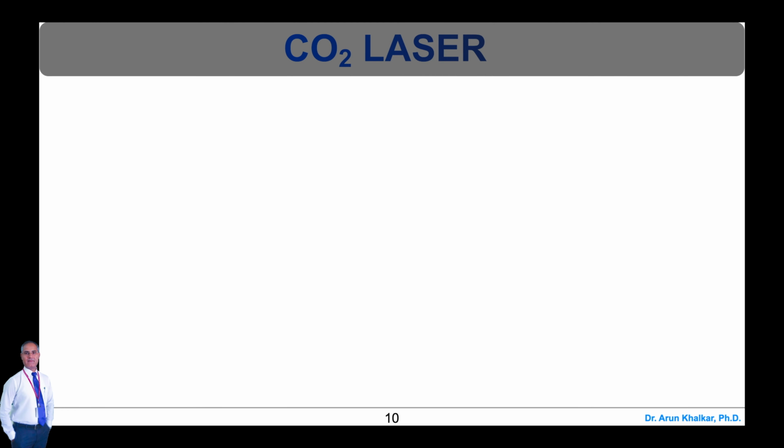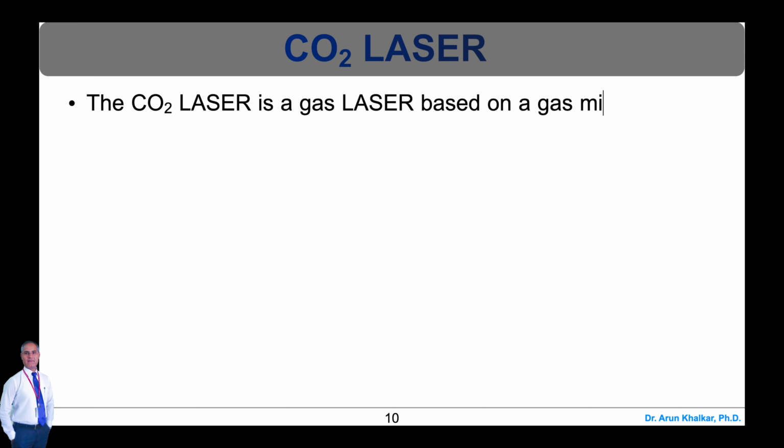Now let's see the next type of laser, that is the CO2 gas laser. The CO2 gas laser is a molecular gas laser based on a gas mixture as the gain medium, which contains carbon dioxide, helium, nitrogen, and possibly some hydrogen, water vapor, or xenon.